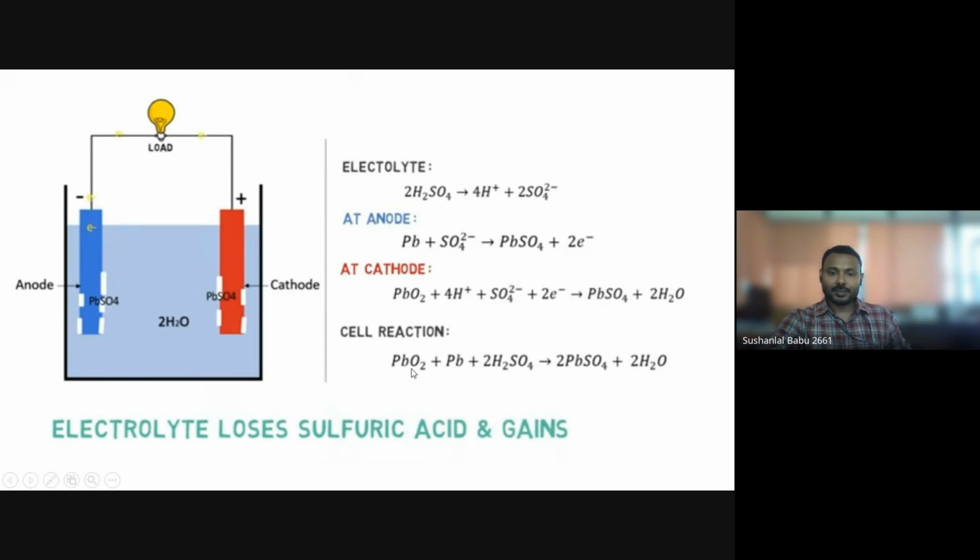The cell reaction will be PbO2 plus Pb plus 2H2SO4 gives 2PbSO4 plus 2H2O. That is the overall net reaction happening during discharging. So what has happened? The electrolyte loses sulfuric acid.